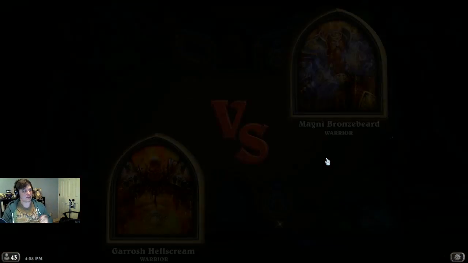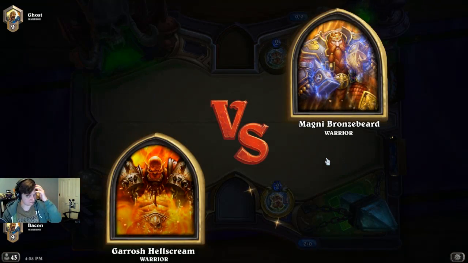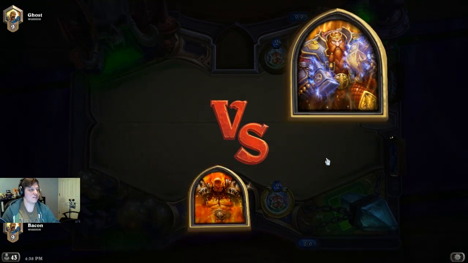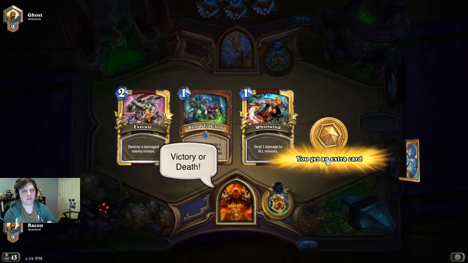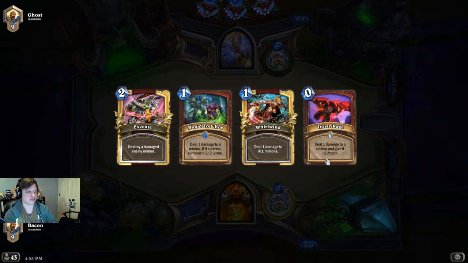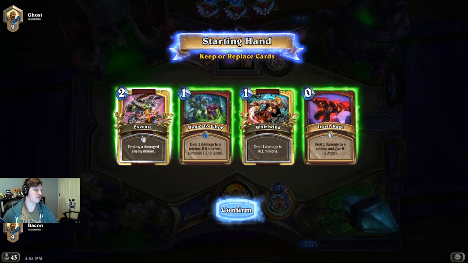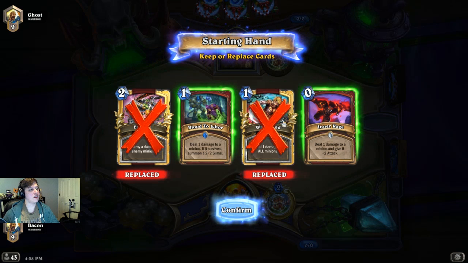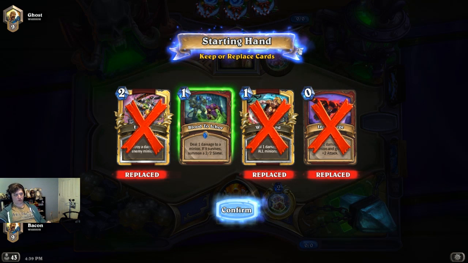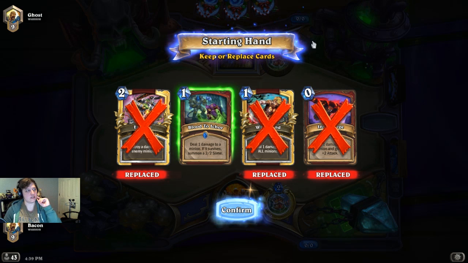So the most important thing about reading someone's hand is asking yourself the question of what is their best possible option on every turn. So your best possible option on the mulligan is, well, we're playing against a warrior, right? So we're probably assuming that they're a pirate warrior.